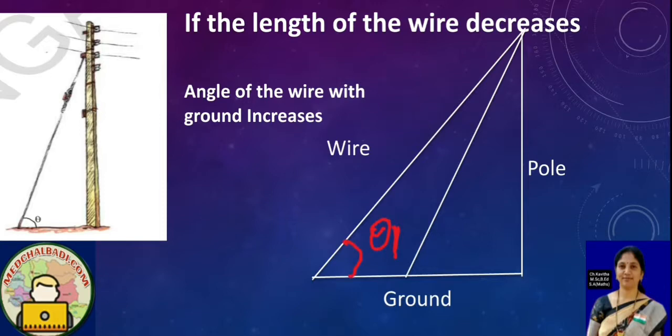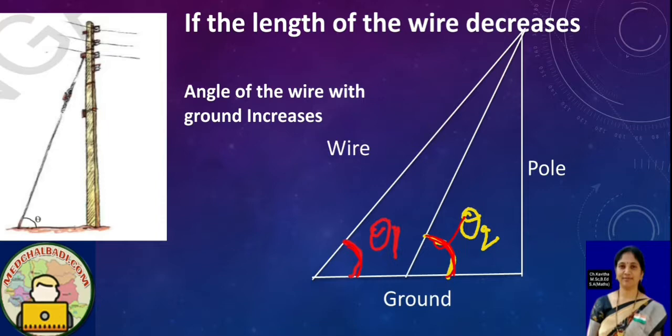Let theta 1 be the angle made by the wire with the ground before decreasing the length, and theta 2 the angle after decreasing the length. Here clearly we can observe that this angle is less, and here the angle is more. That means after decreasing the wire length, the angle of the wire with the ground increased.